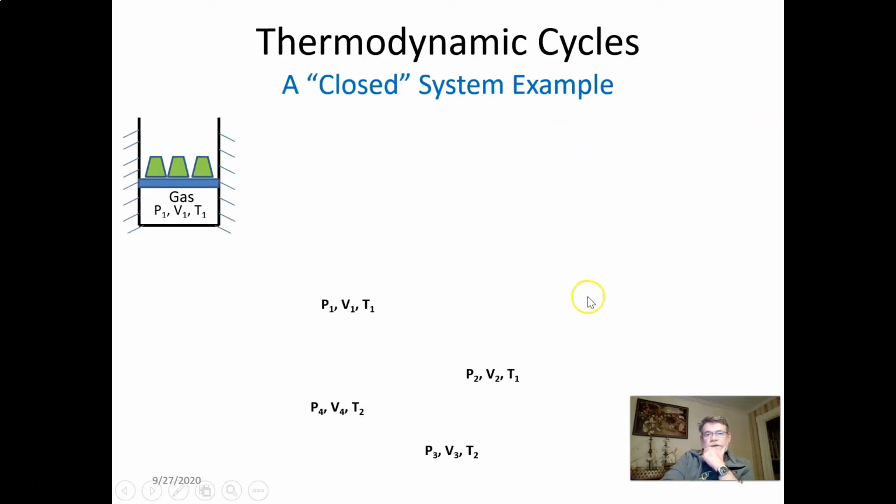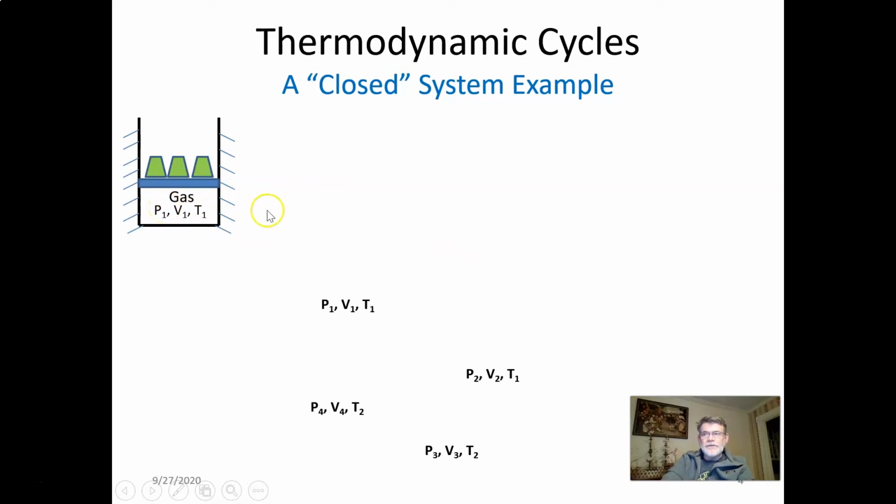So here's a closed cycle example. It's like you have a pot containing gas with a perfectly tight lid. It's like a piston. The cycle begins with a gas which is confined in a cylinder.